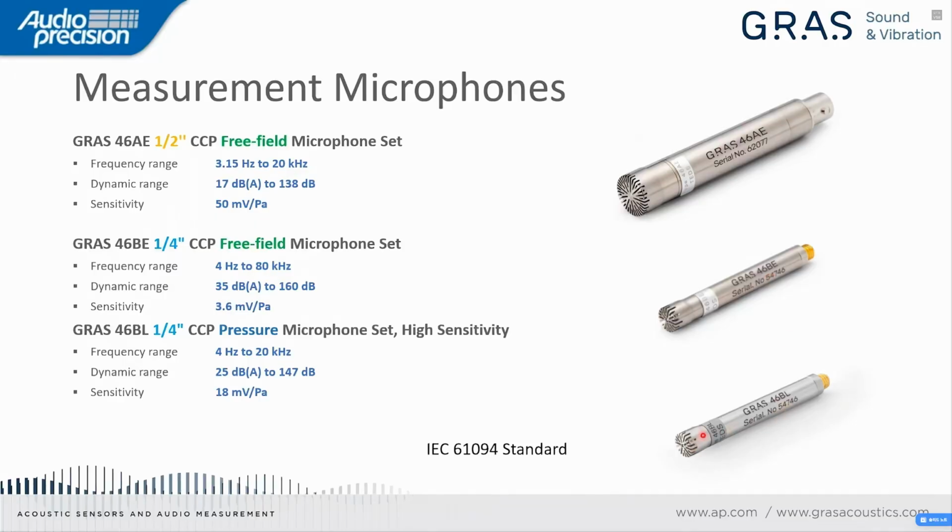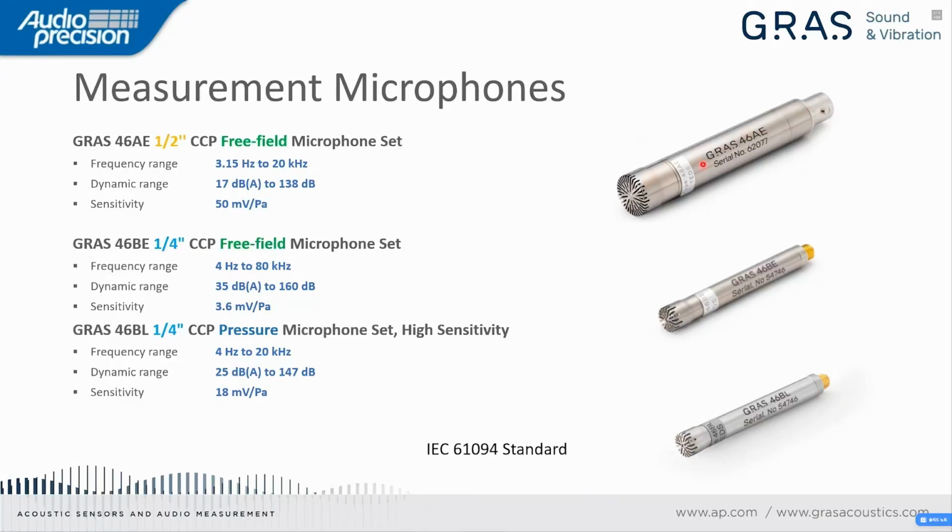While the pressure microphone, like we see over here, is optimized to have a flat frequency response when placed in small closed cavities, such as couplers or ear simulators, or also when it is flush mounted to a wall or a surface. It is also used when we have to place the microphone very close to the sound source, in the near field of a loudspeaker, for example.